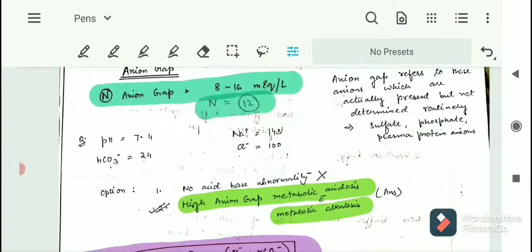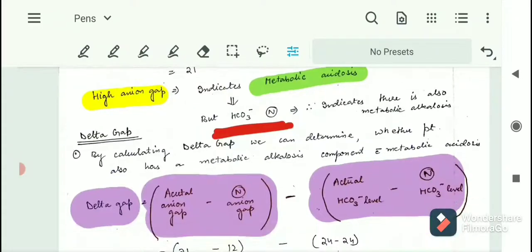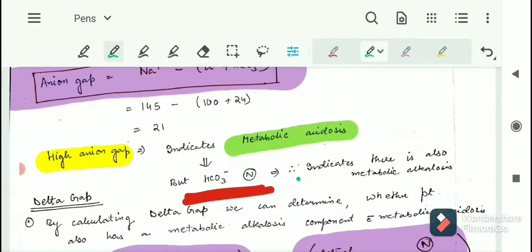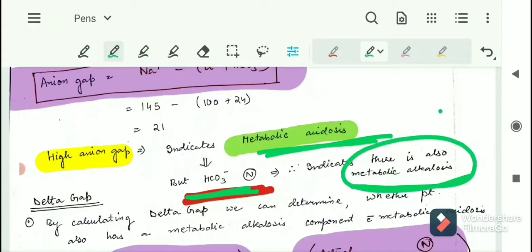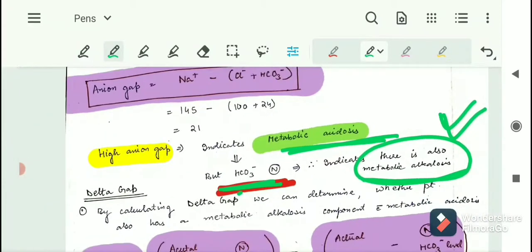The HCO3 level was 24, that falls under the normal category. So if metabolic acidosis is there but still the bicarbonate level is normal, that indicates that there is metabolic alkalosis also. This is a high anion gap metabolic acidosis with metabolic alkalosis.